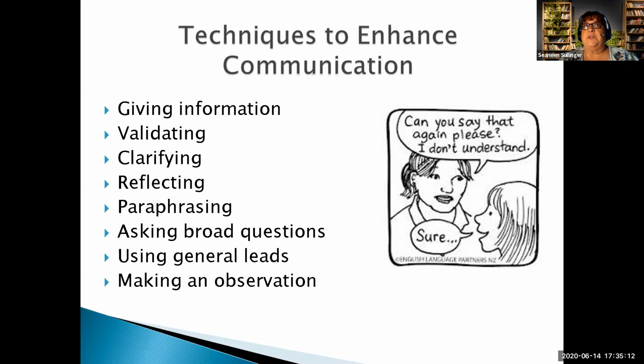So techniques you can use to enhance communication: you can give information, like explaining things. You can validate, which is something along the lines of, so what I heard you say is that I need to write at least 5 sentences for it to be a paragraph. And then I would say yes, or clarifying again.